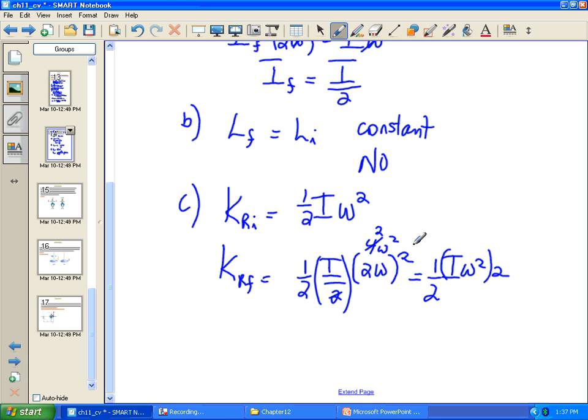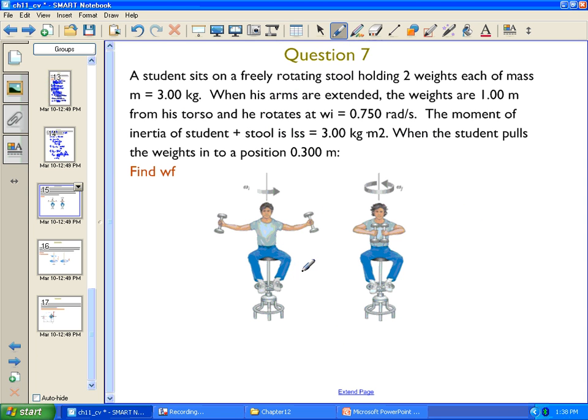And so effectively, if this is her initial rotational kinetic energy, 1/2 I omega squared, you can see that the final is twice as large as the initial rotational kinetic energy. So her moment of inertia was half, but her rotational kinetic energy was doubled. Next question.